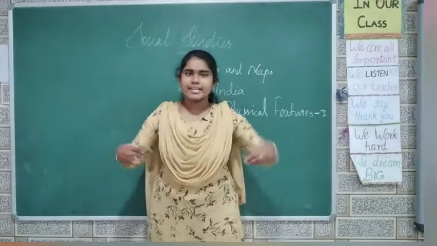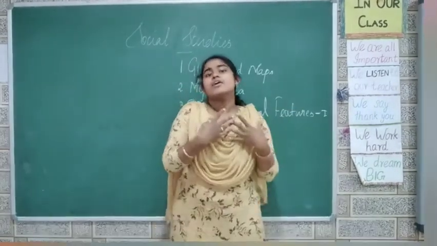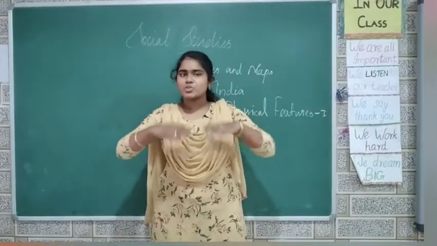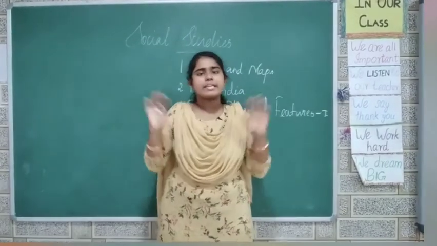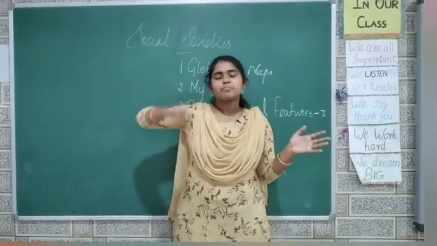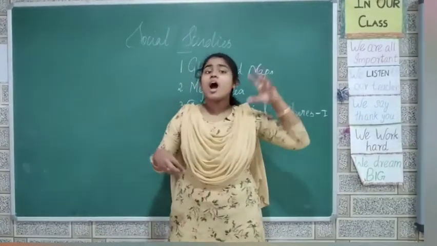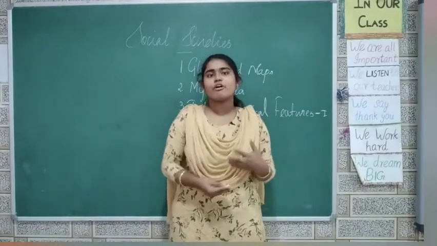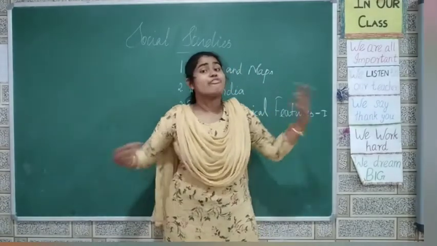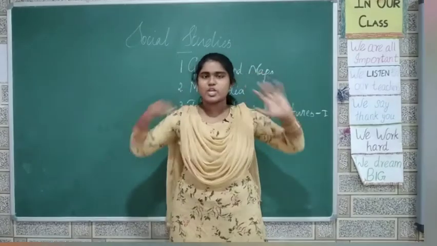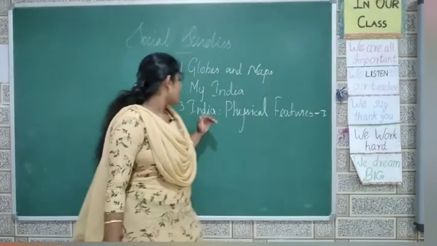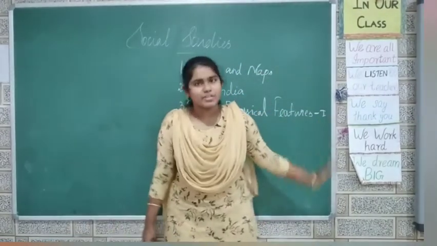Totally the detailing: the places the rivers flow, the places where the rivers split, everything. There we can see those things in this lesson, and how the plains differ, how the plains formed. So all these things are in your physical features part 1.